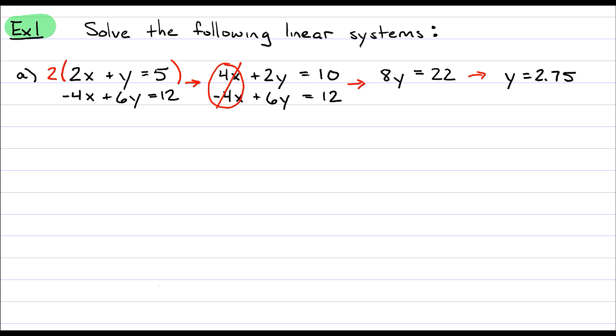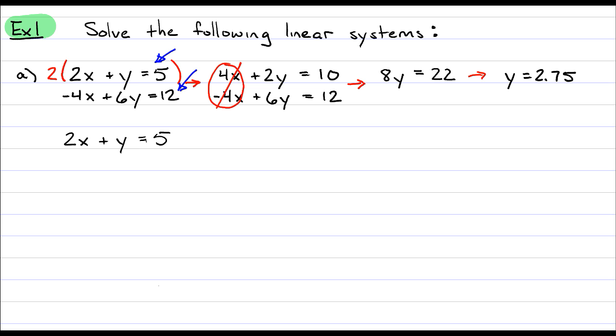So this gives me the y value in my solution, but I still need to find the x value. To do that, I just need to take the y value I found and plug it into either one of my original two equations. It doesn't matter which equation I use. However, it looks like the first one is going to be a little bit simpler, so I'll plug into that. My first equation was 2x plus y equals 5.